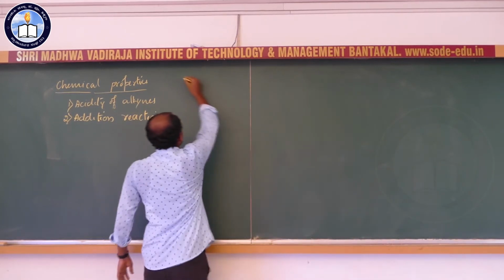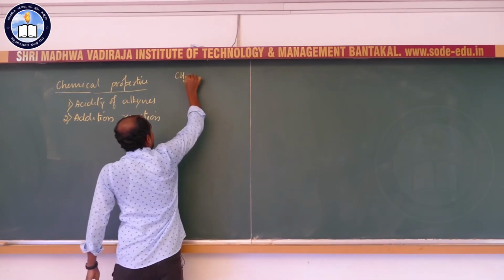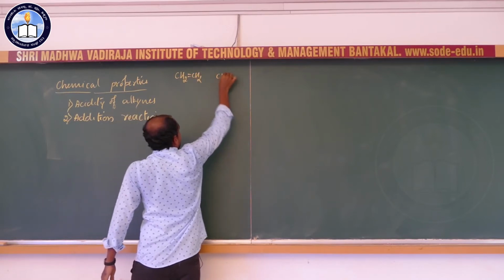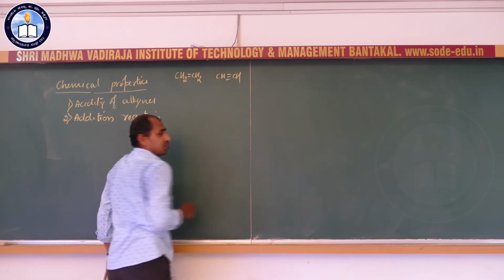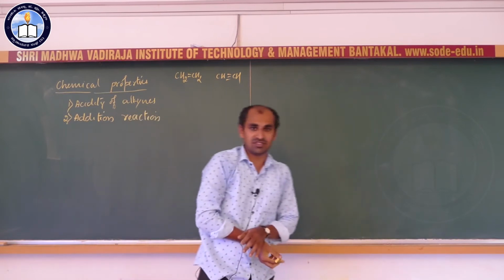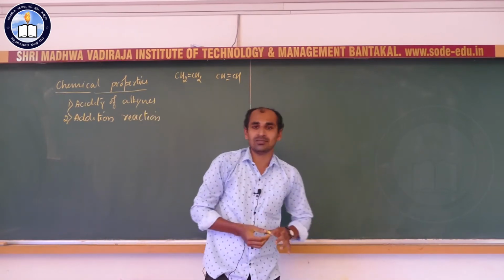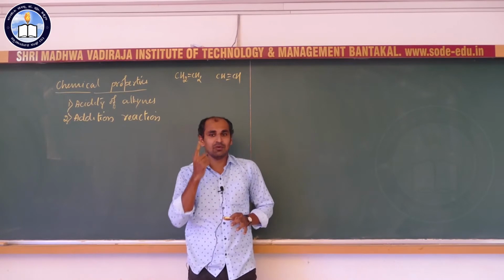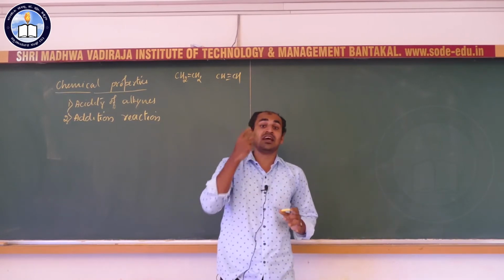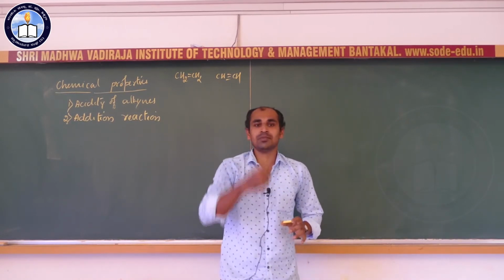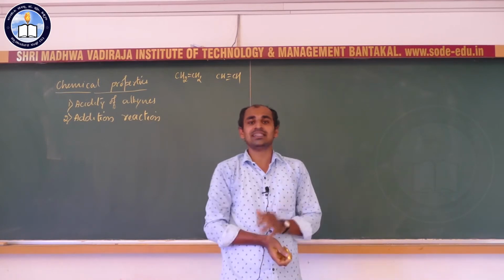So, you have seen several addition reactions even in the case of alkenes, and the same type of reactions can also take place with the alkynes. Now, the question comes, alkene has only one pi bond, alkyne has two pi bonds. So, which could be more reactive towards addition reactions?